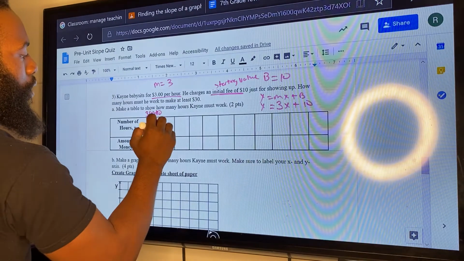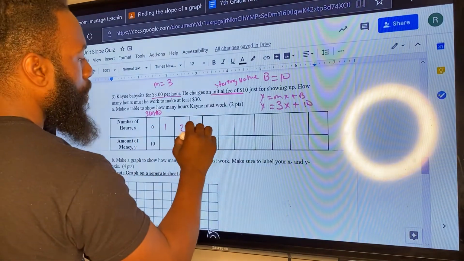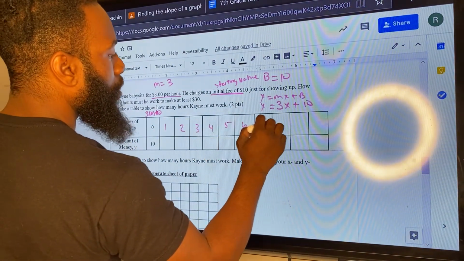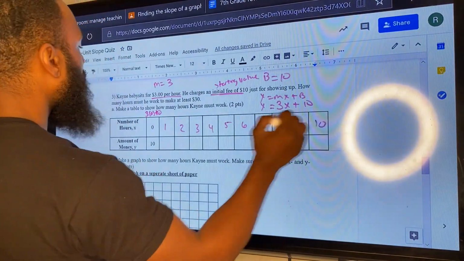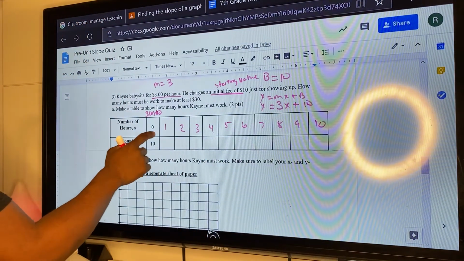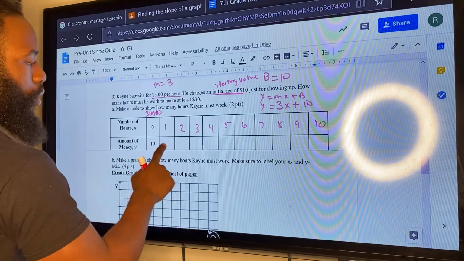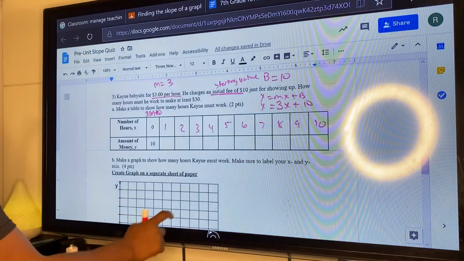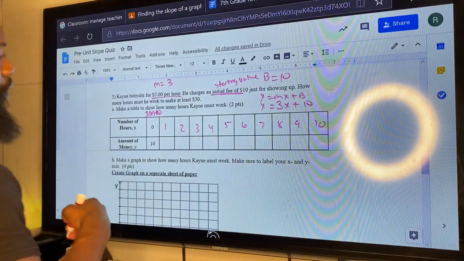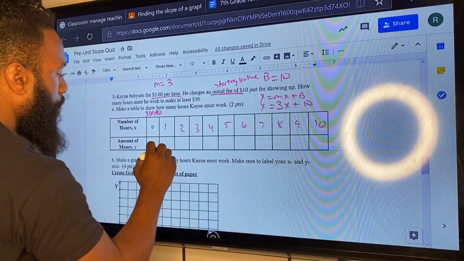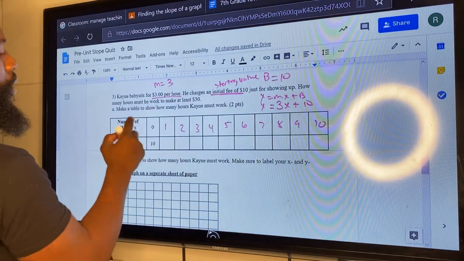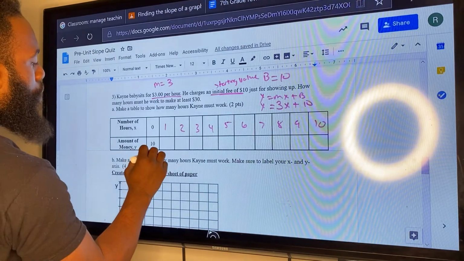Here, 1, 2, 3, 4, 5, 6, 7, 8, 9, 10. You have to find the value of y when x equals 1, the value of y when x equals 2, so forth and so on to complete this graph. Again, you're just doing 3 times 0 plus 10.